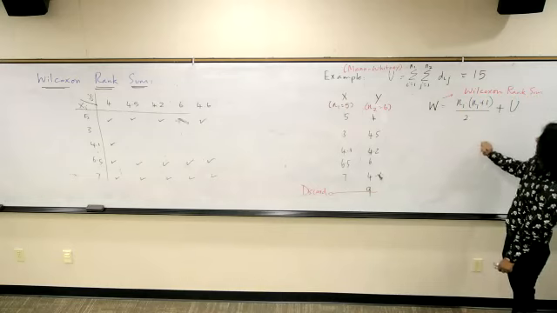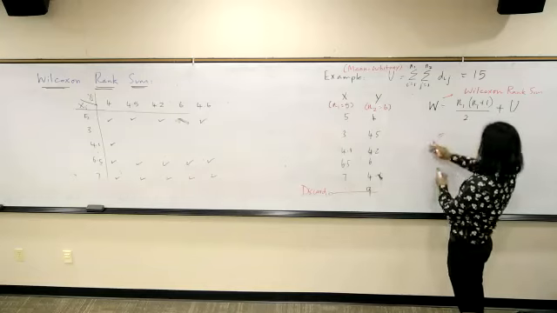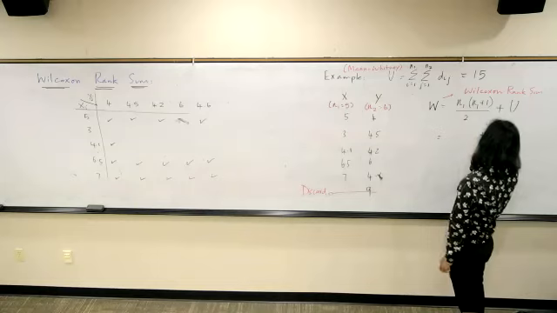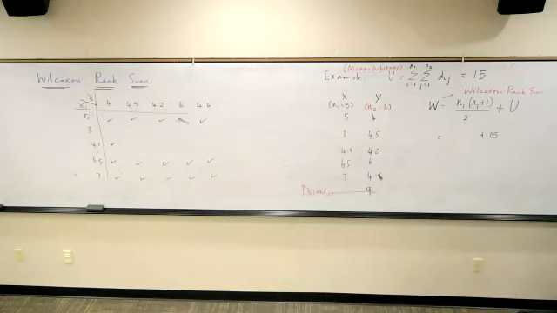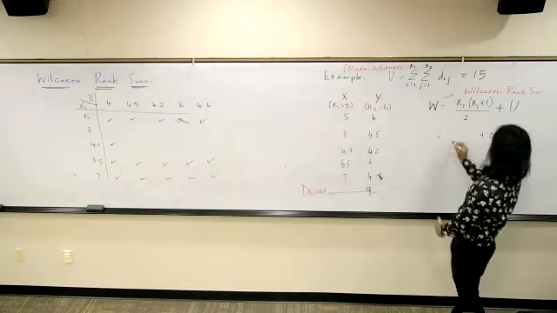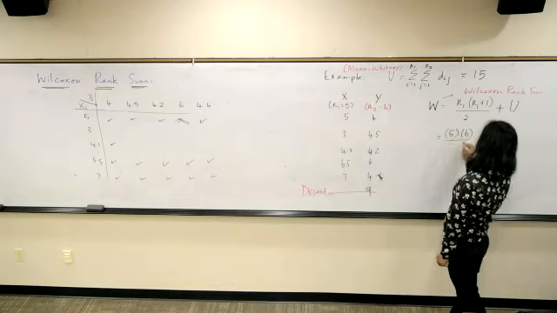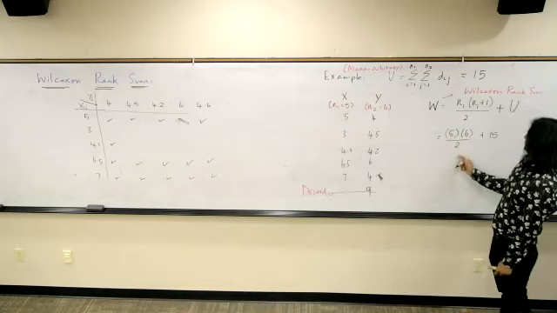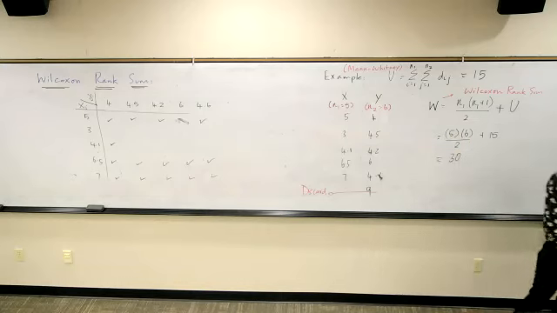So I have 15. Over there, N1 is 5 times 5 plus 1 is 6 divided by 2. W is 30. Good.